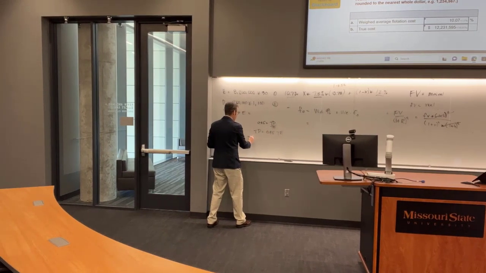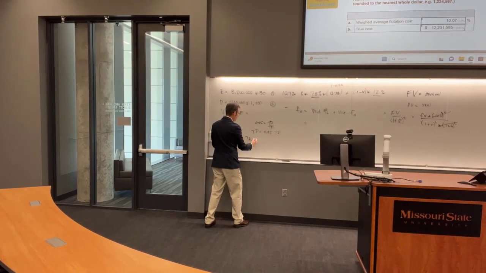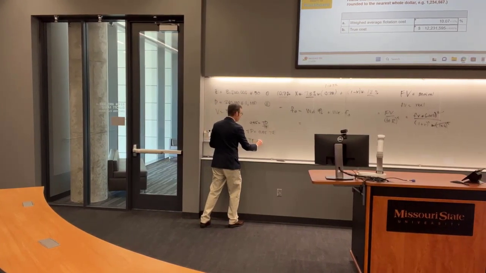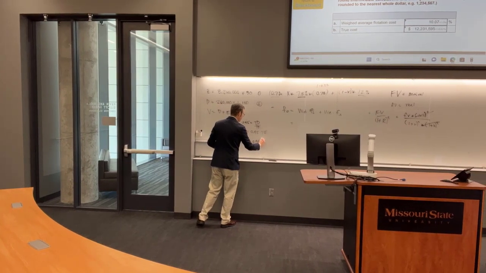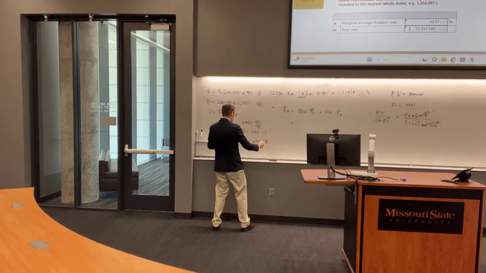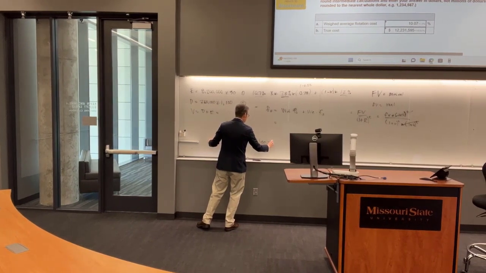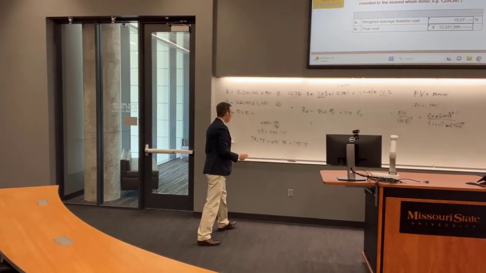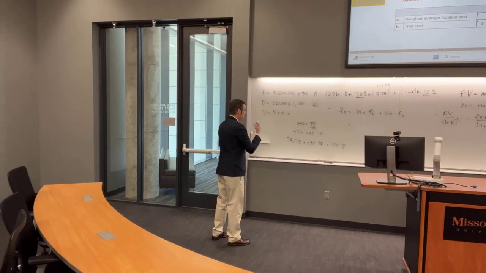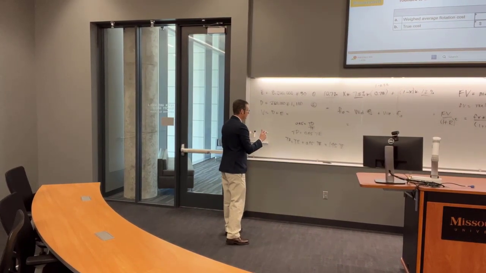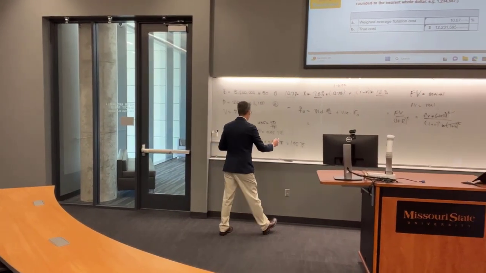And so the total assets there is equal to TE plus 0.45 TE. That's equal to 1.45 TE. And so when I divide both sides by T, 1.45 TE.